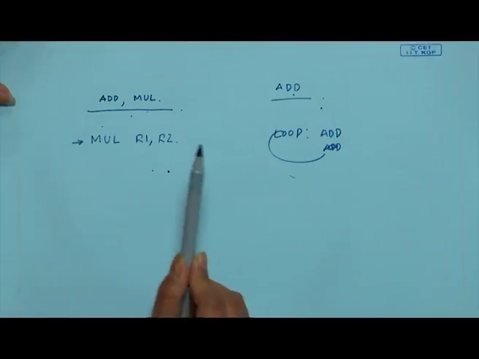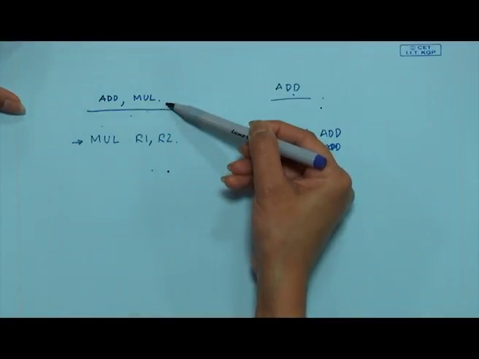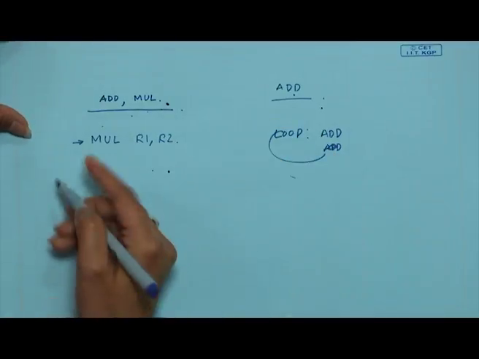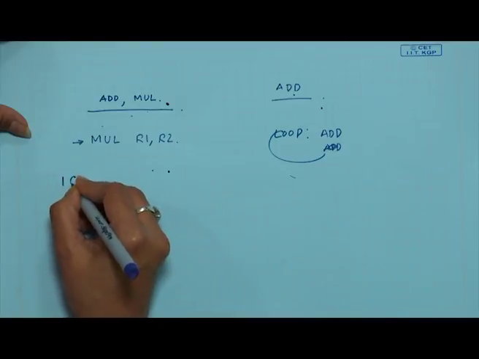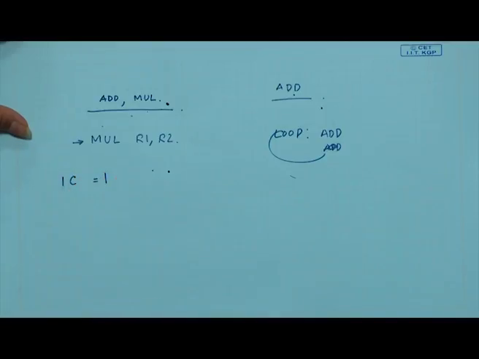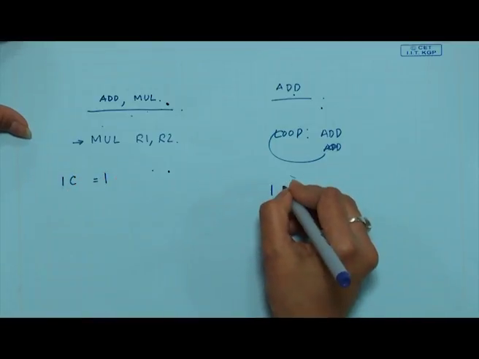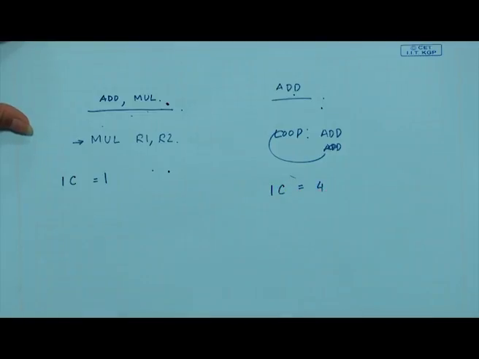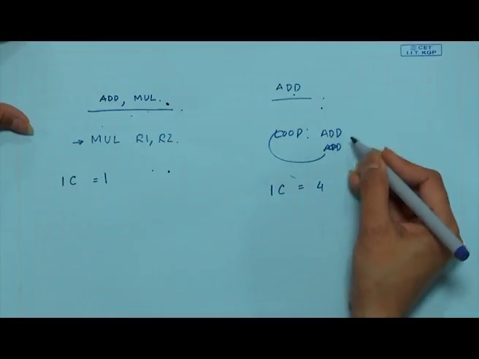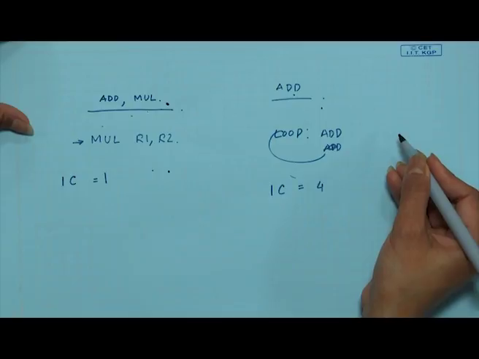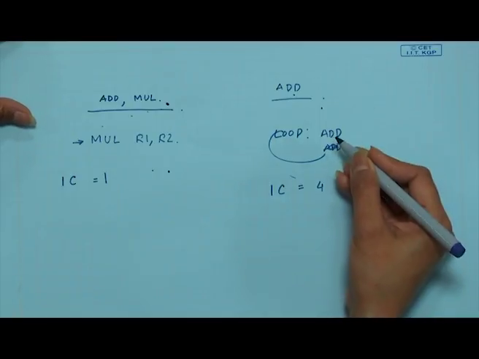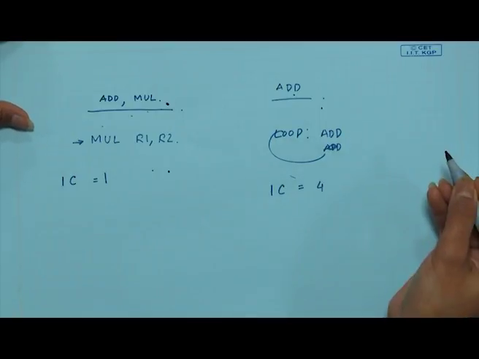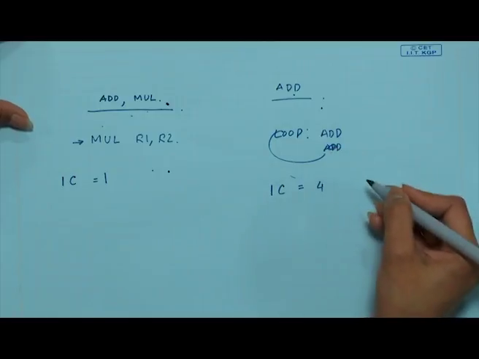So, we have a multiply instruction, and the instruction count, that is IC, is 1 here, and let us say the loop executes 4 times. Depending on how many times, 4 multiplied 5 times with 5, or 4 multiplied 10 times, it depends on that.